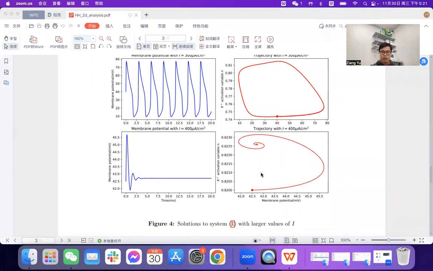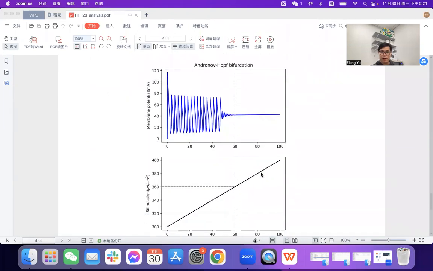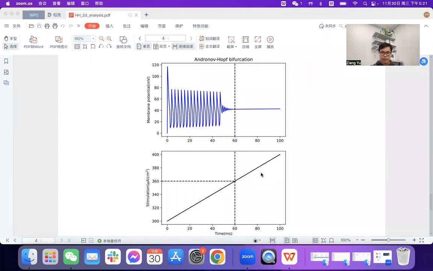Again, I used an increasing stimulation to find out where the threshold of this phenomenon is. This time, I start the stimulation from 300, and at first the neuron spikes very frequently.